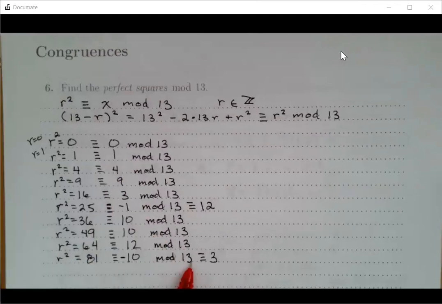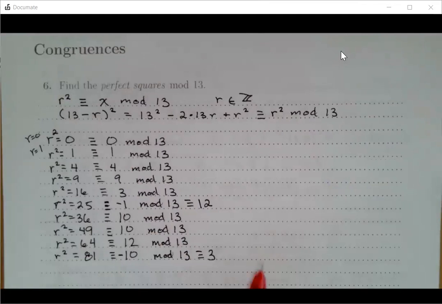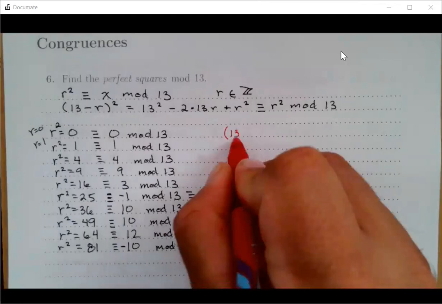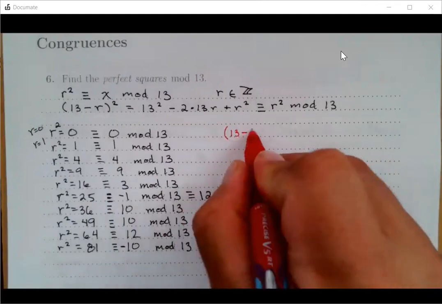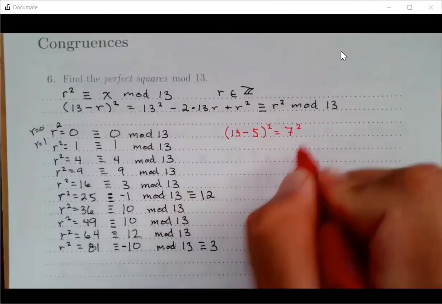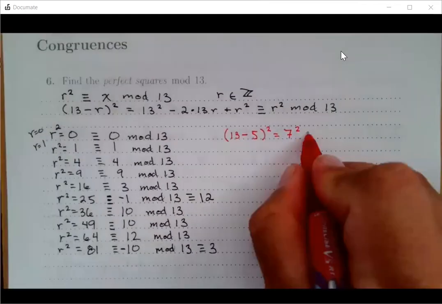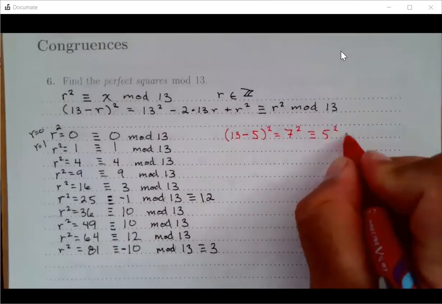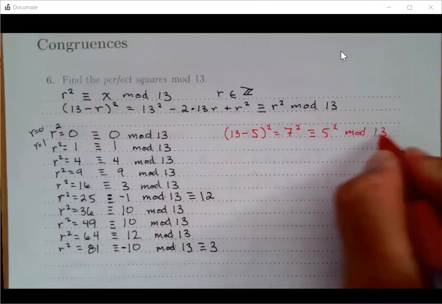The reason for that is the following. (13 minus 5) squared, which is 8 squared, is congruent to 5 squared modulo 13.